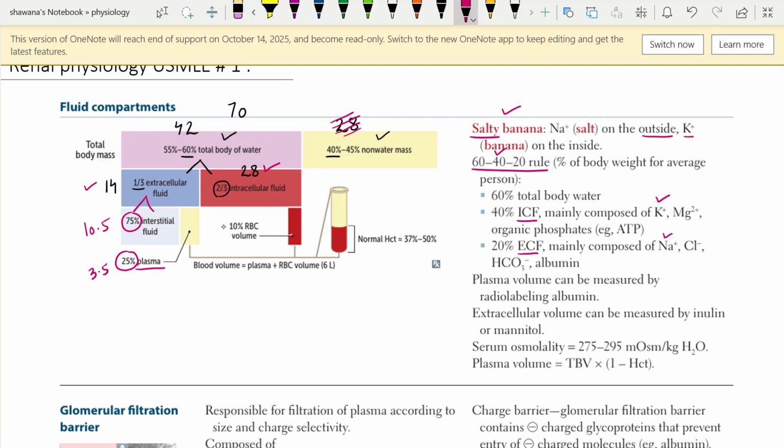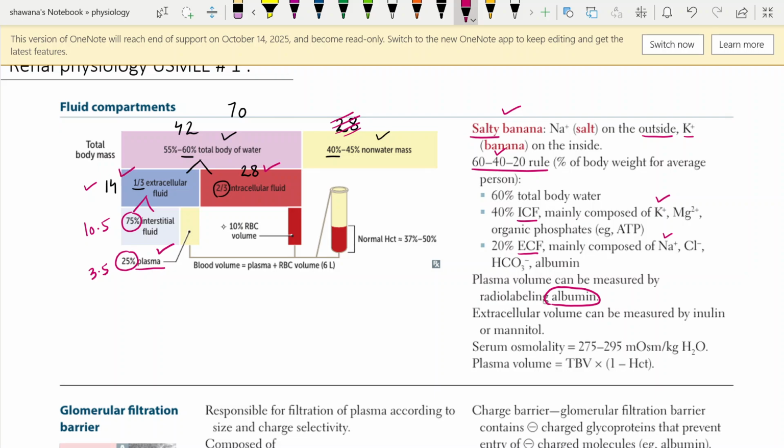Talking about the plasma volume, it is measured by radio-labeling albumin. As you know, albumin is one of the most important proteins present in our plasma, and it is synthesized by the liver. So plasma volume can be measured by radio-labeling albumin. And what about the extracellular volume?